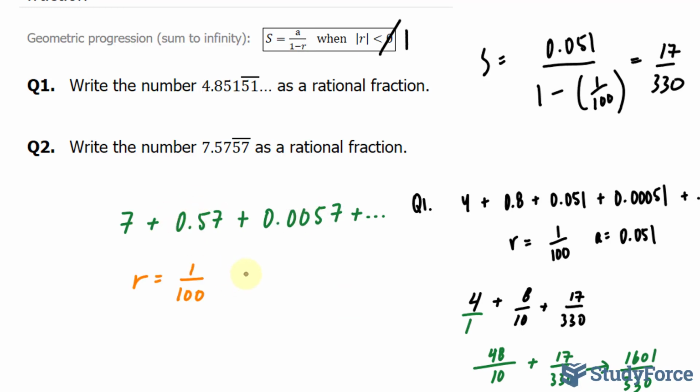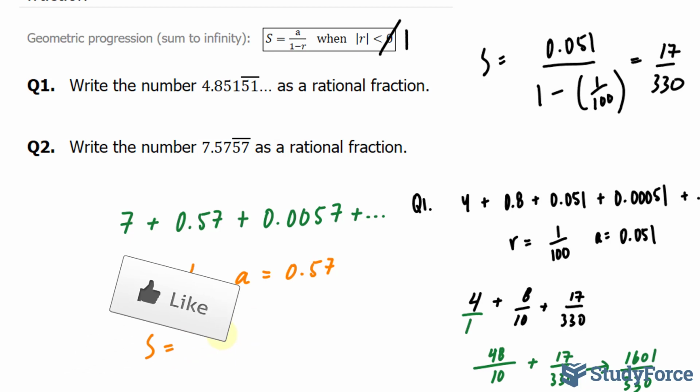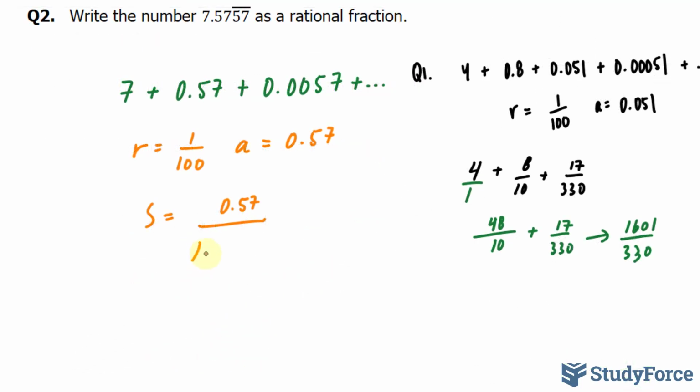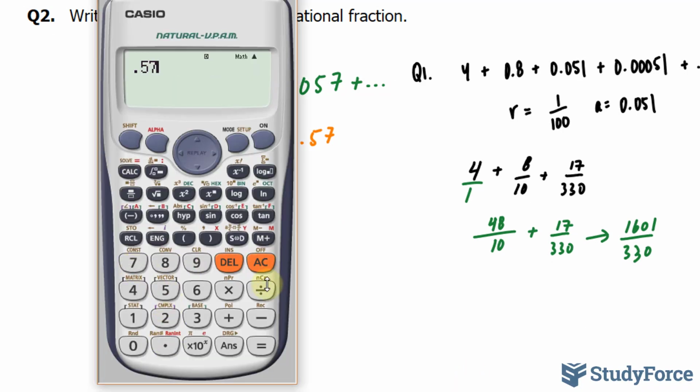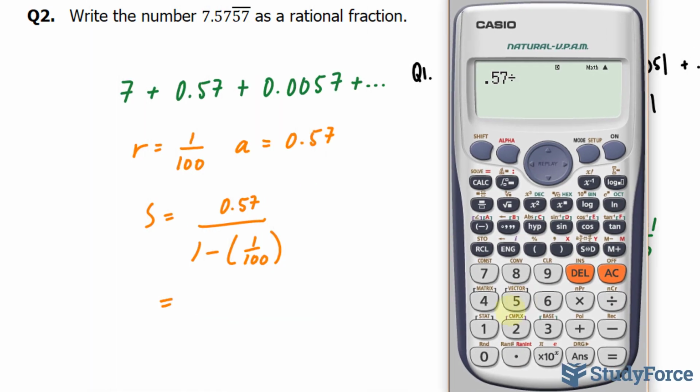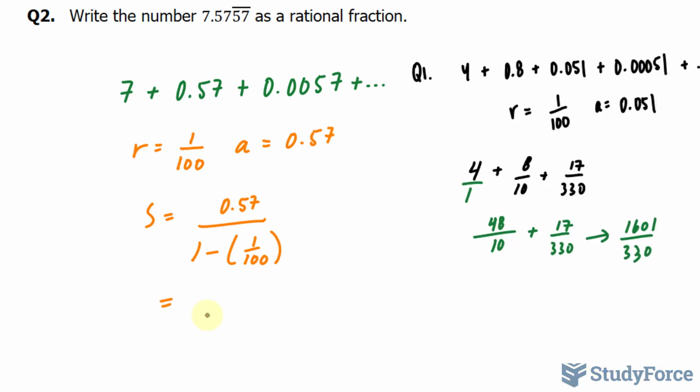The starting number here is also 0.57, so I'm going to substitute these values into the formula that I have here, where s is equal to 0.57 over 1 minus 1 over 100. Using my calculator, 0.57 divided by 1 minus 1 over 100. And this gives me 19 over 33.